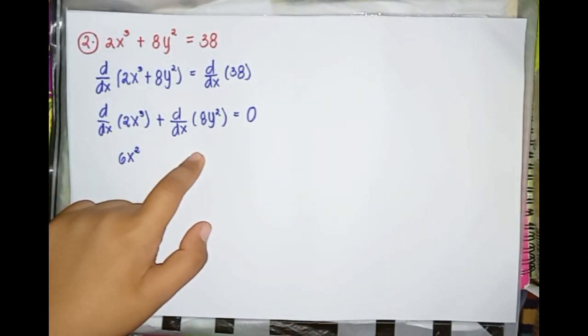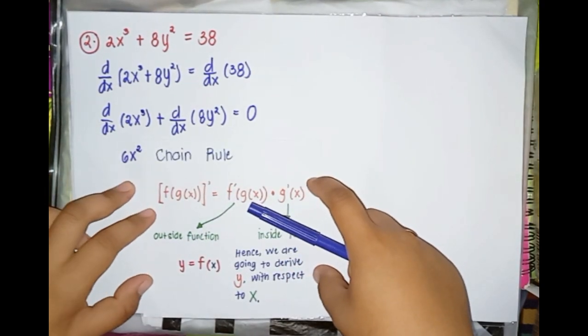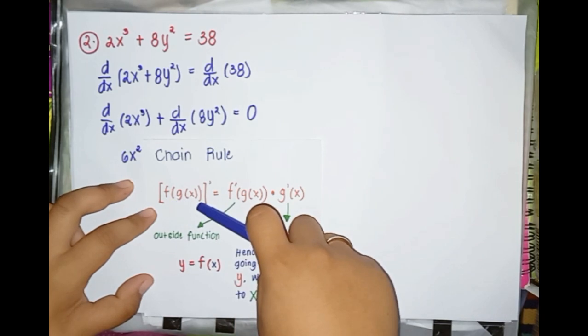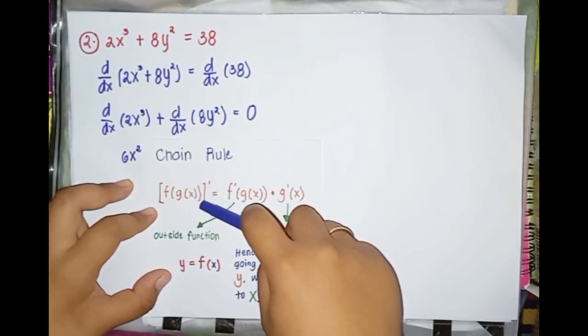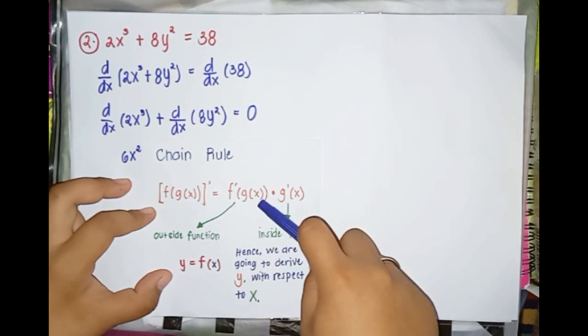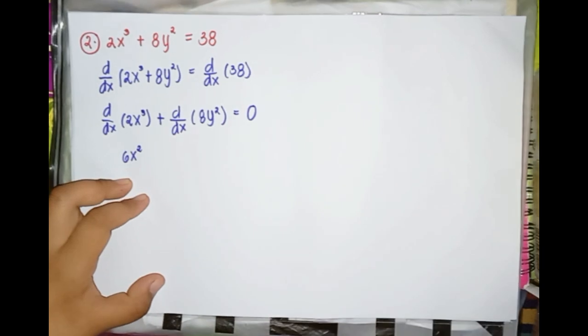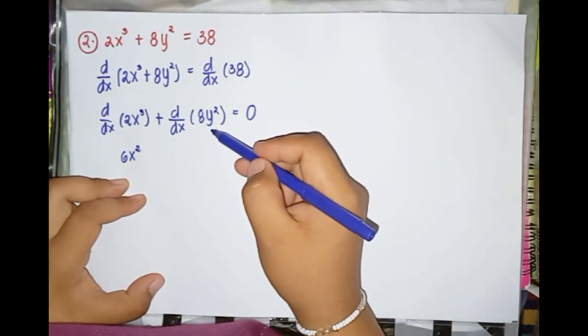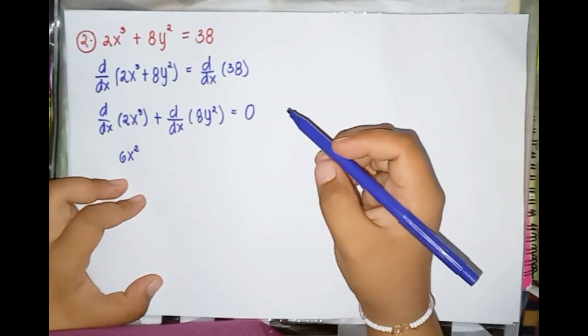Now in getting the derivative of 8y squared, we know that we are going to use the chain rule. Again, the chain rule states that the derivative of the composite function is equal to the derivative of the outside function multiplied by the derivative of the inside function. In this part, we are going to treat y as the inside function and differentiate it with respect to x.